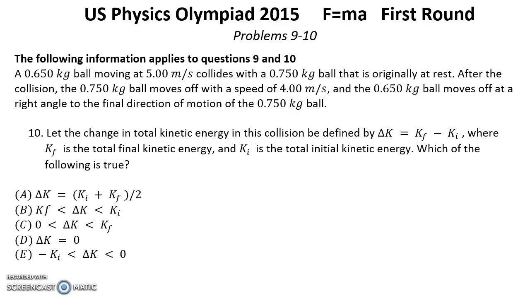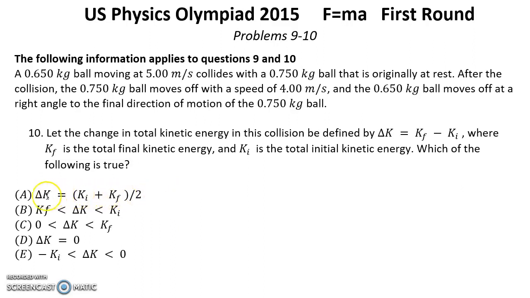It means that the final kinetic energy is less than the initial kinetic energy. And we can tell that delta K must be negative and less than Ki in value. And from this point we can check our answers.